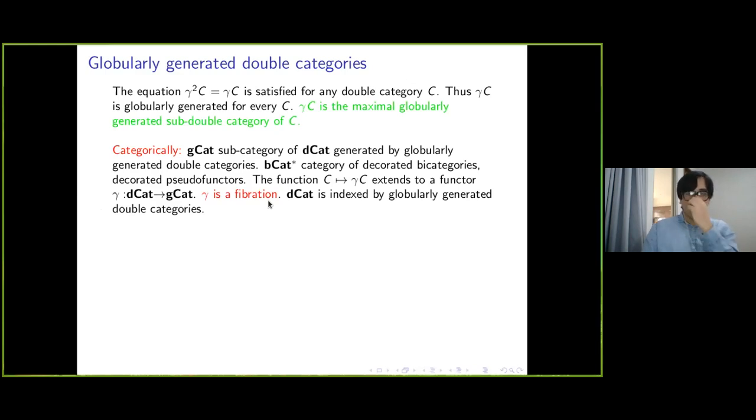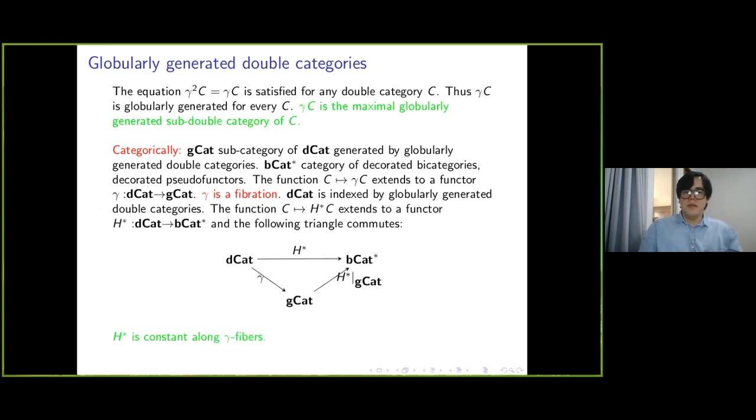So double categories can be indexed by globularly generated double categories. So that's a very good thing. Remember that we're interested in internalization, and these are the minimal solutions. So we can just partition double categories into fibers where every fiber is parametrized by a globularly generated base.